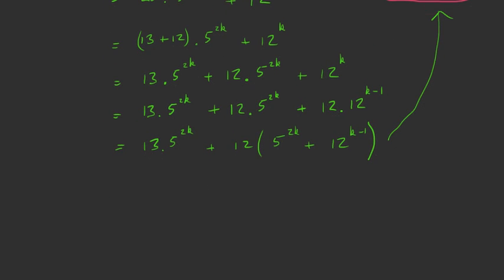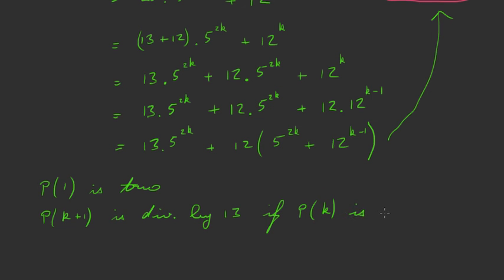So that's it. That's the hardest part, if you like. All you've got to do now is say, right, well, we know that P1 is true, in other words, is divisible by 13. P(k plus 1) is divisible by 13 if P(k) is divisible by 13.